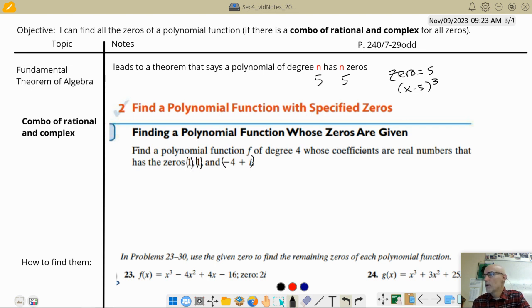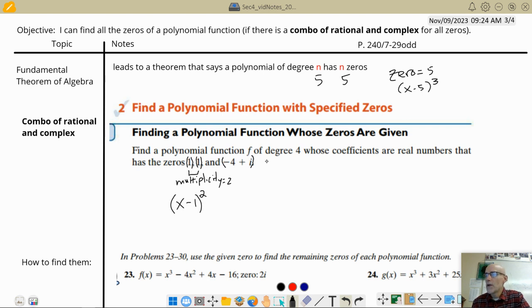So it says coefficients are real numbers that has the zeros 1, 1, and -4 plus i. So that's saying that we have a multiplicity of 2 on this one, right? Multiplicity of 2. And so the x minus 1 factor is going to be squared because there's 2 factors of x minus 1. It's kind of weird. I don't know why they didn't say multiplicity of 2.